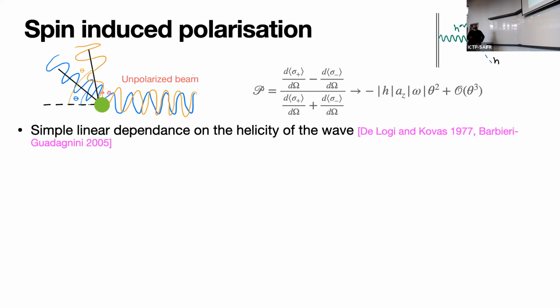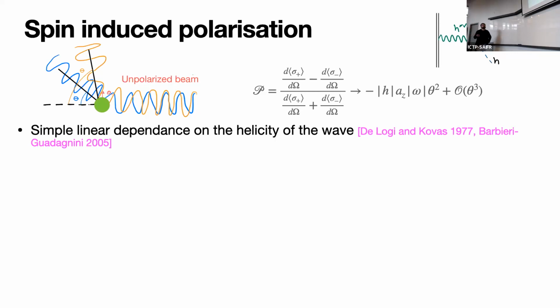You can measure what this polarization may look like, and back in 2015 there was a prediction of what this polarization may look like for a small scattering angle. The prediction was based on the computation of this diagram from a massive particle of spin 1 exchanging a graviton with the massless particle.